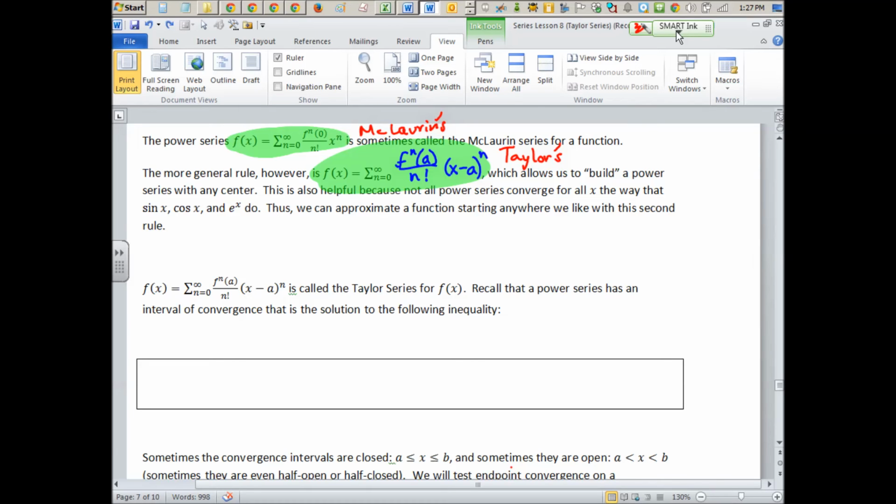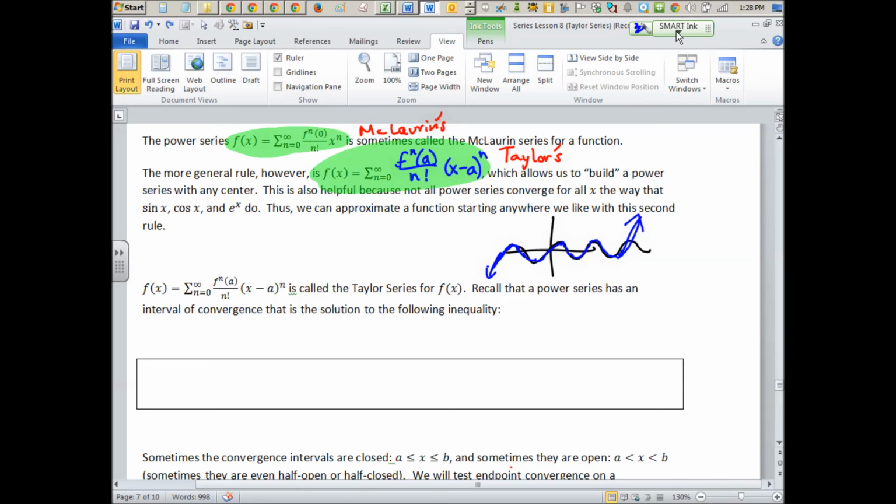Why is it important to have Taylor's formula? Well, not every function can you plug in 0. We saw that with ln, right? Also, not all series... remember I told you that sine x is wavy, wavy, wavy, wavy, right? And if you put like 12 terms together and you form a polynomial, you get this really nice tight fit.